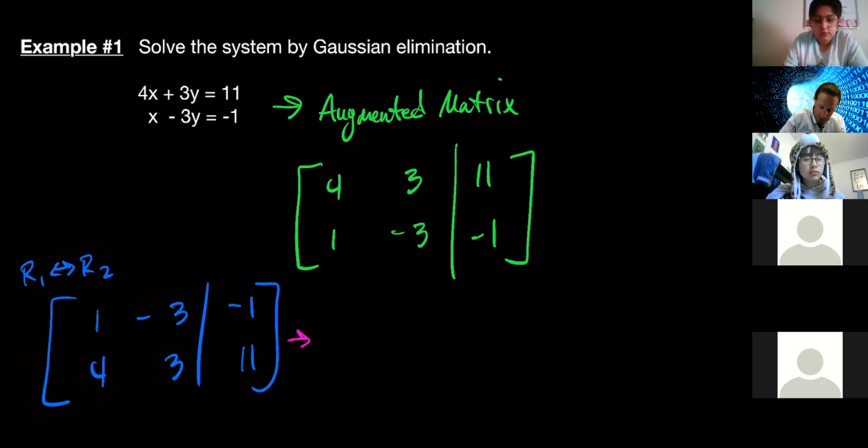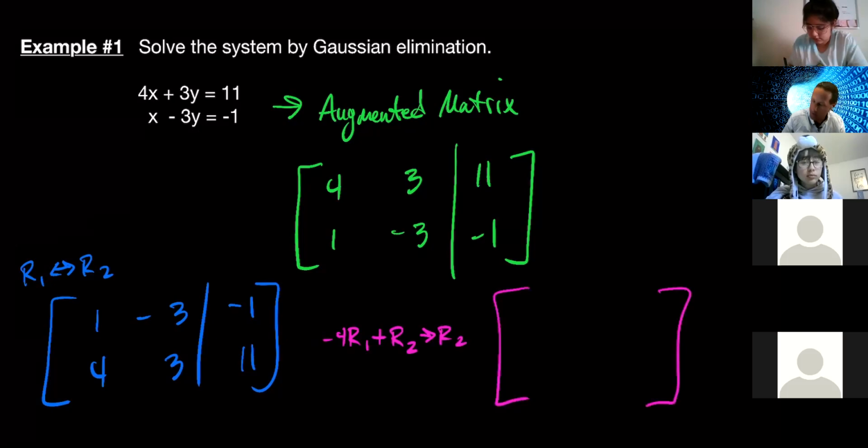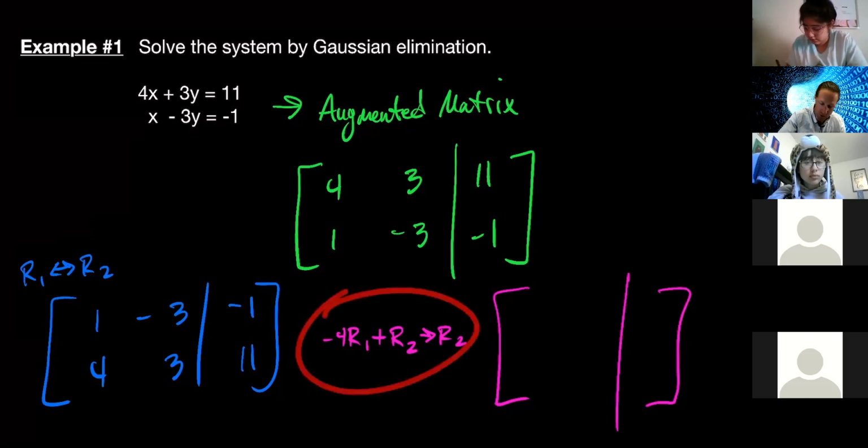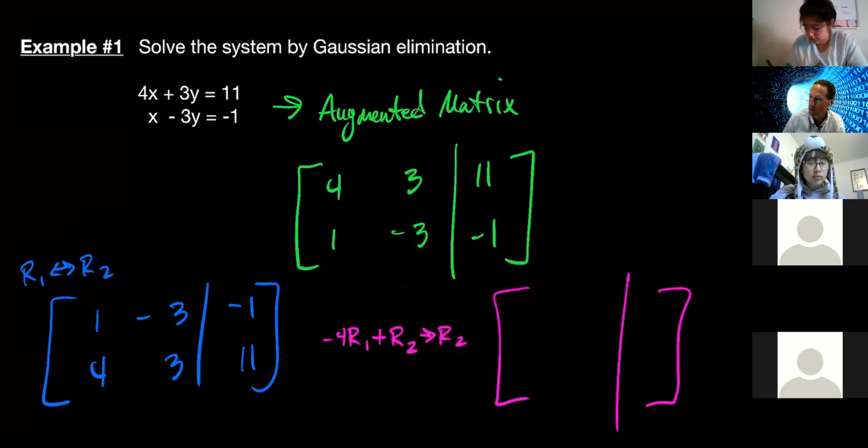I'm going to multiply row 1 by -4. And I'm going to add it to row 2 to get a new row 2. And that's going to give me this new one here.